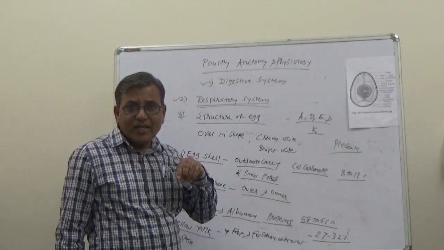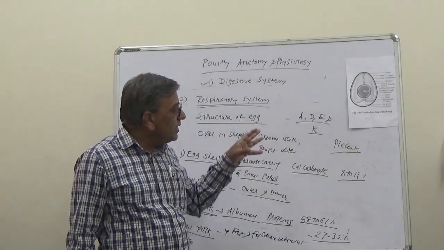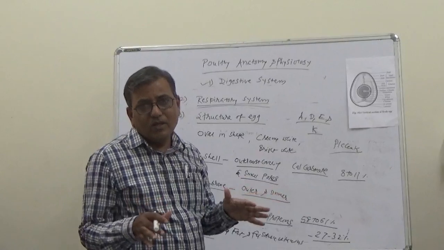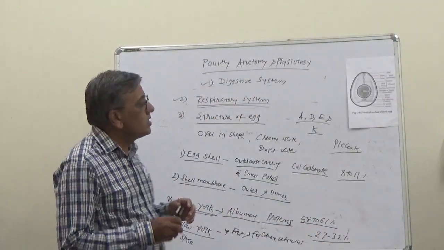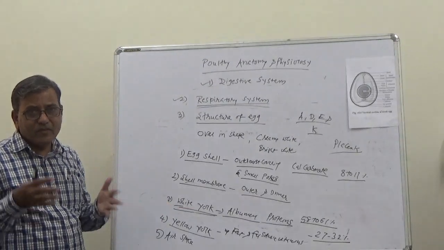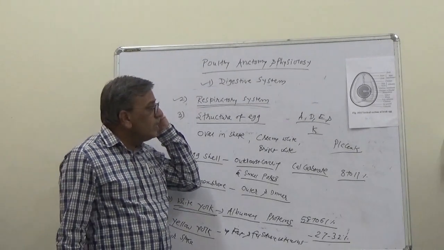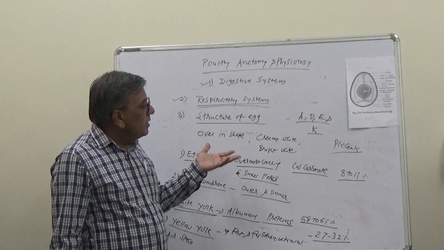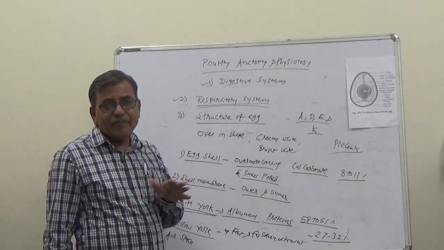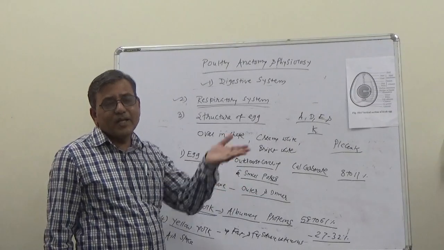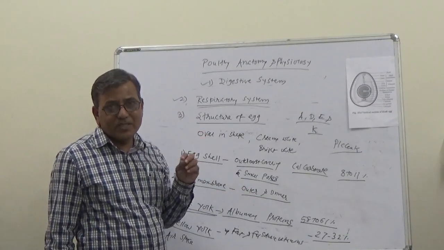Now, when the egg is not fertile, it is an article of food. When the egg is fertile, when the embryo is present in the egg, there is a process of diagnosing whether the egg is fertile or not. That process is called candling, which we are going to study in 12th standard next year. If the egg is not fertile, meaning the embryo is absent, it will be marketed for table purpose.